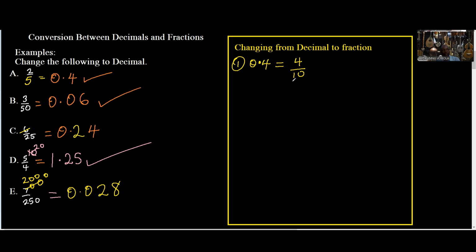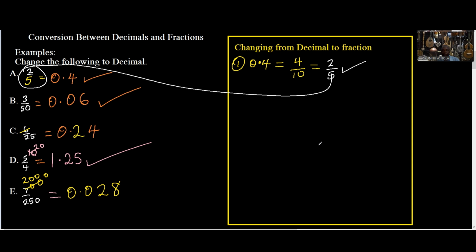If there are three digits, you divide by 1000. If there are four digits, you divide by 10,000. Because it's only one digit, there is only one zero. So you can now reduce this to lowest term. That'll be 2 over 5. And that's what we started with, right? So do you understand this now?